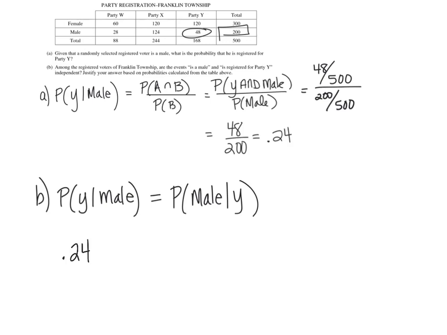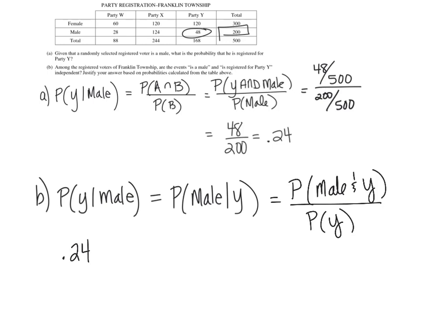For this one, we would have the probability of male and Y over the probability of being Y. Male and Y, which we know is 48 people. For probability of being party Y, it's 168. And 48 divided by 168 is 0.28.